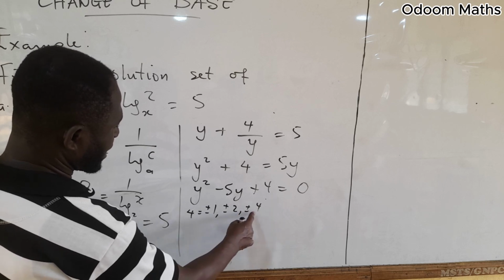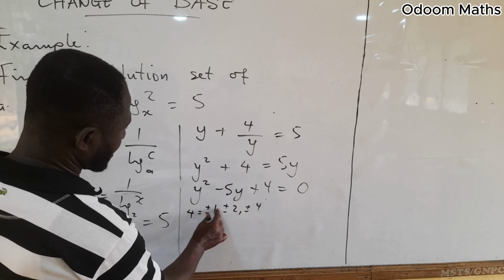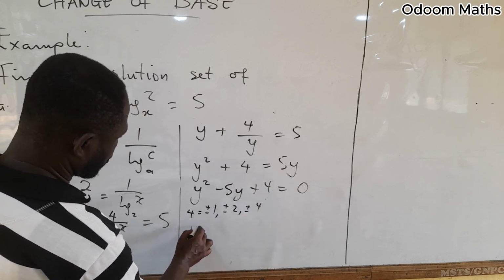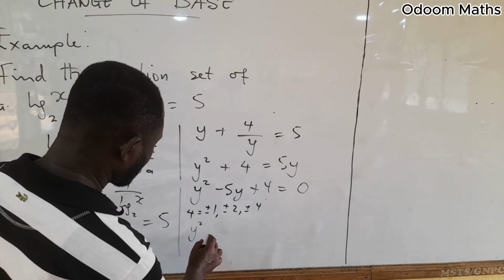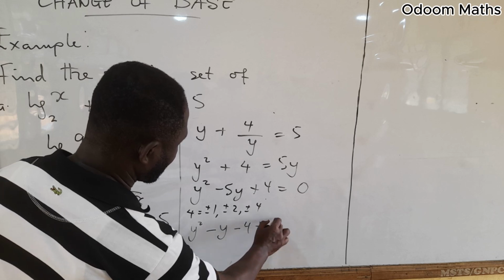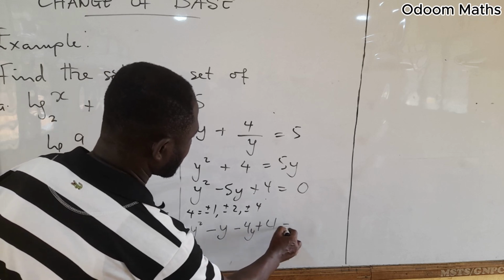Negative 1 and negative 4 will give me negative 5, and negative 1 times negative 4 will give me positive 4. So that is going to be y squared, then minus y minus 4y plus 4 equals 0.